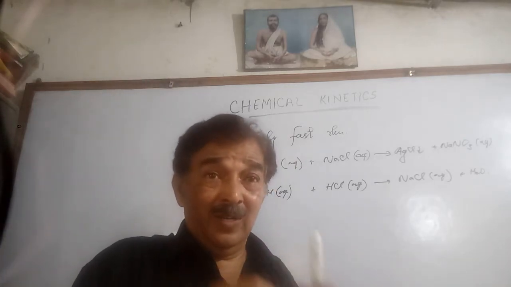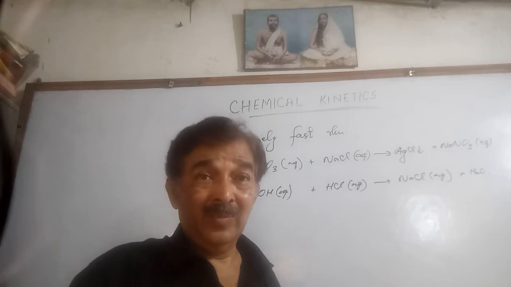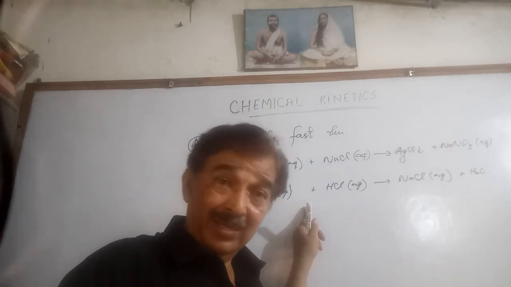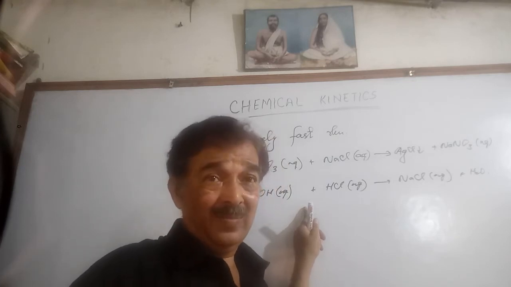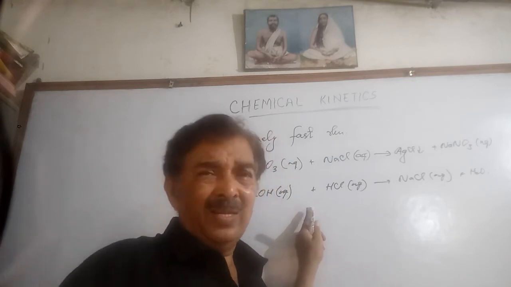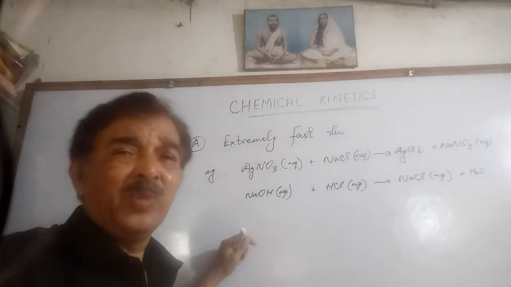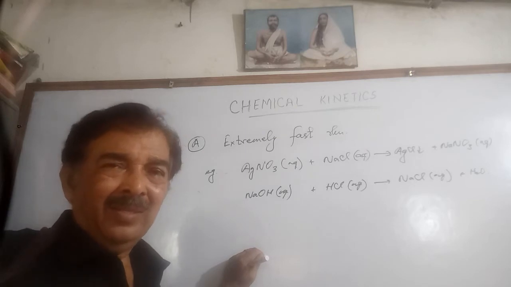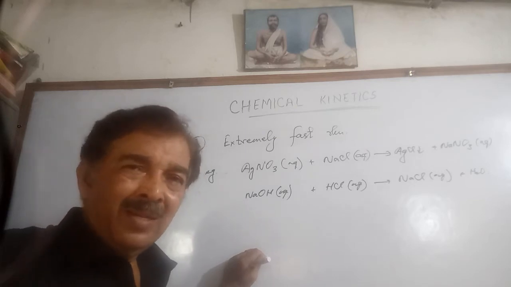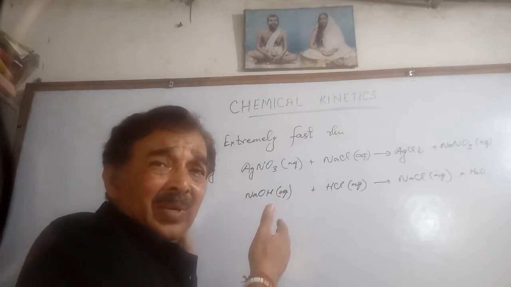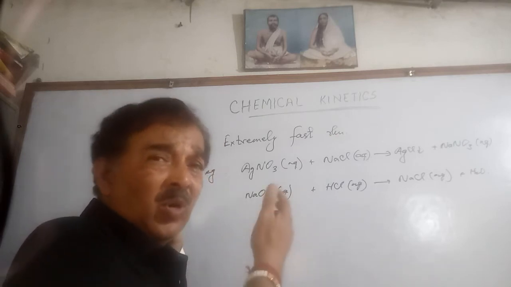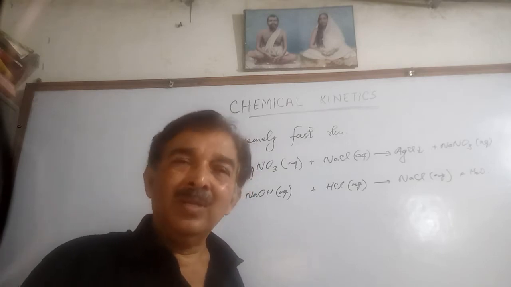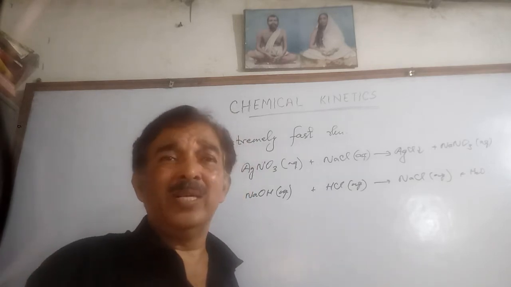Since these reactions are very fast, it is not easy to calculate the rate of such reactions. The reason these reactions are very fast is that they are ionic reactions. During the process, there is no cleavage of bonds of the reactants. So, ionic reactions take place very fast.